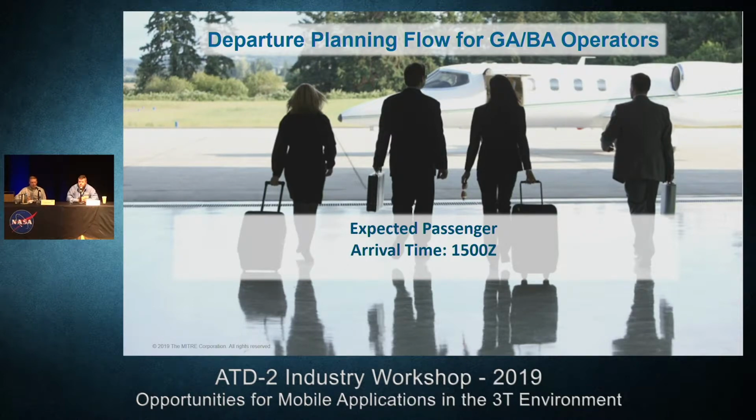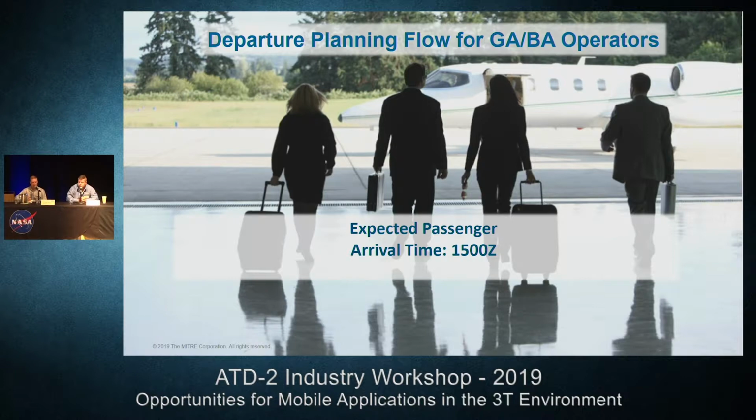The other thing when it comes to planning, or how this group of operators plans, particularly the business jets that are ferrying passengers from one destination to another, is that it typically starts with them coming up with an estimate of when they expect their passengers to show up.